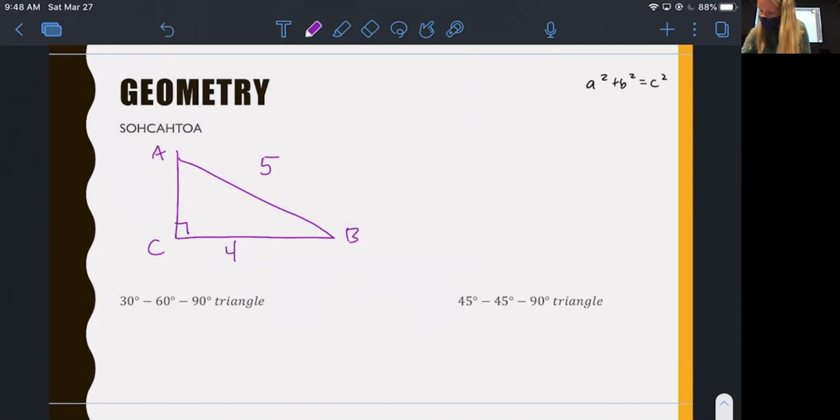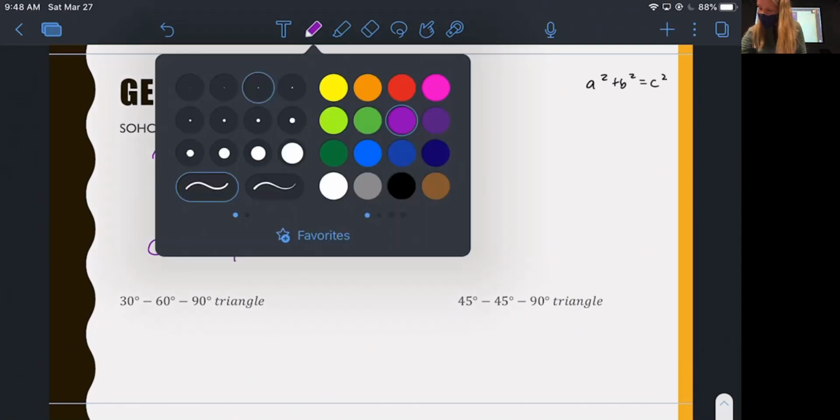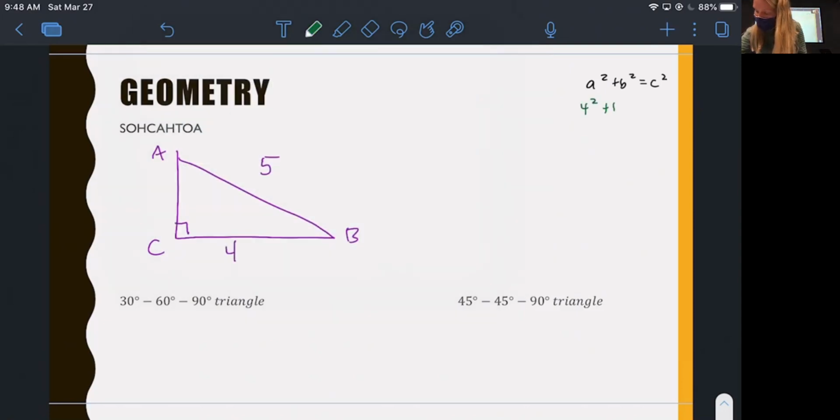I'm missing side B. So we have 4 squared plus B squared equals 5 squared. What's the missing side going to end up being? The missing side is going to end up being 3. It's a 3, 4, 5 right triangle. So in order to do a SOHCAHTOA problem, you might need to find the missing side first.